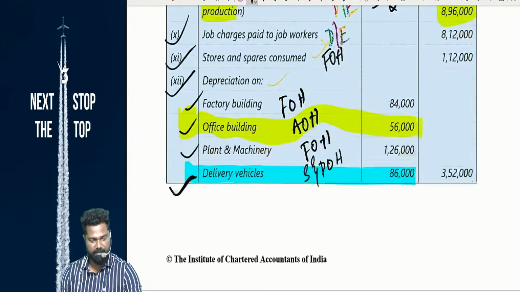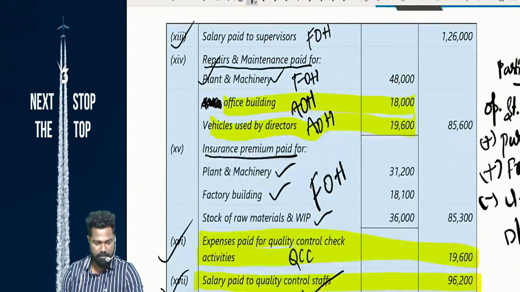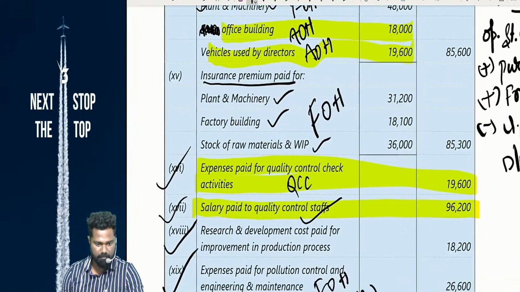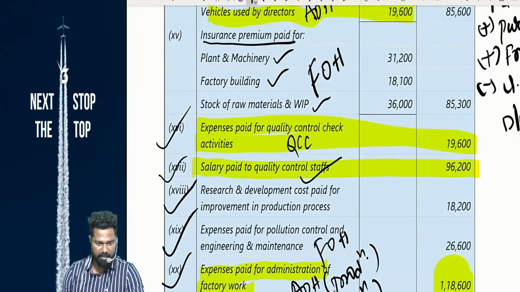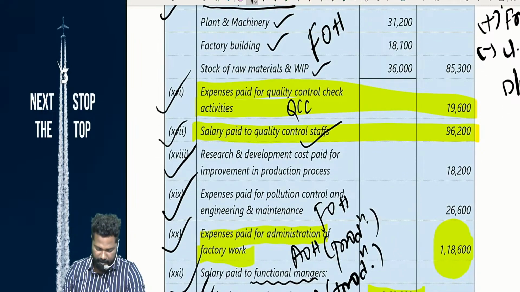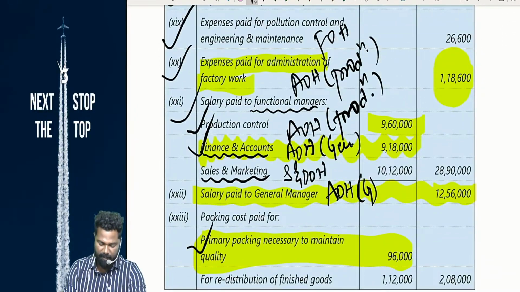Okay. Next. Anything else? Please check. Where is salary paid? Salary paid to functional manager, for what?